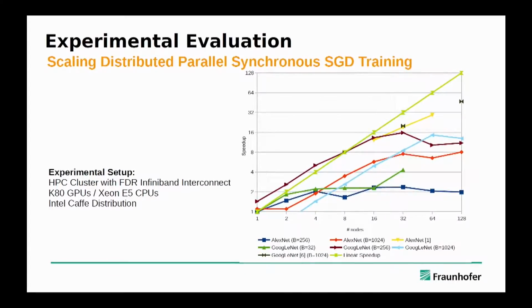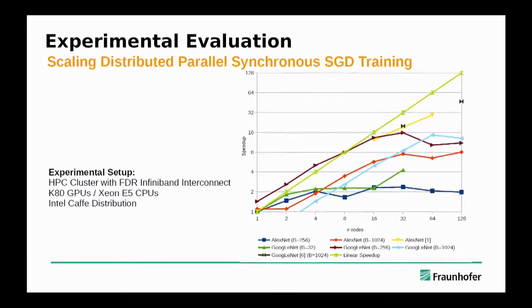Unfortunately, reality shows that we are not getting beyond, let's say, a factor of 32, no matter how much hardware we are throwing at this. And in many practically relevant cases, we're not getting above 4 or even 8 nodes in scalability. So the question is why?